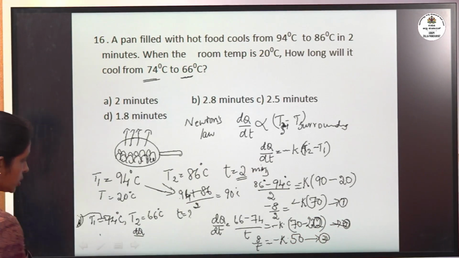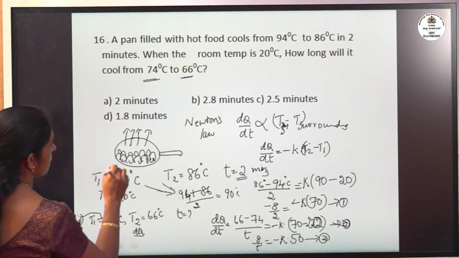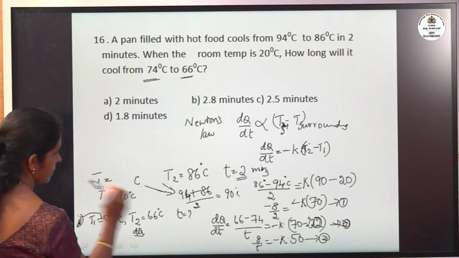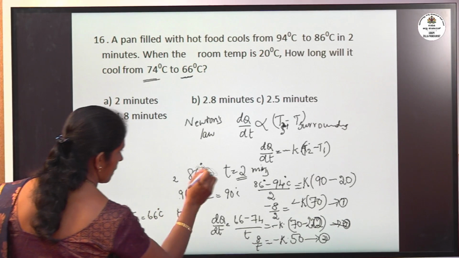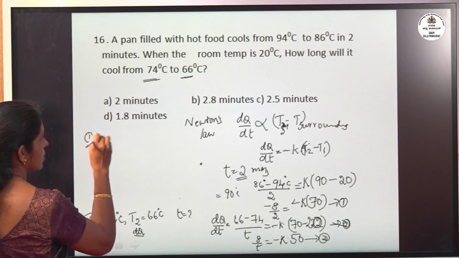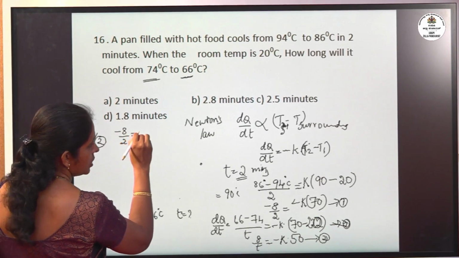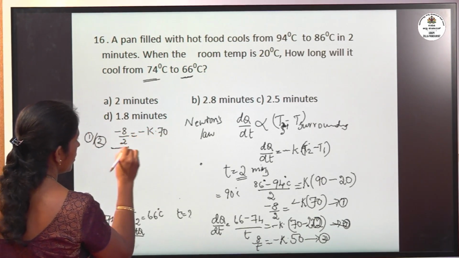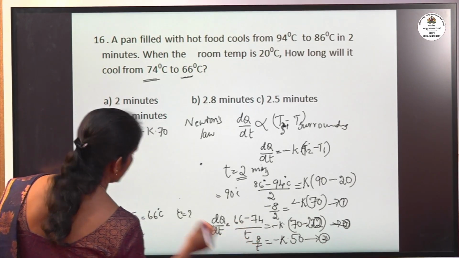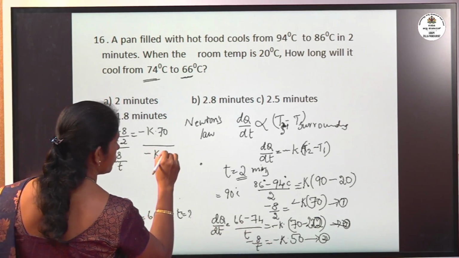Equation 1 divided by equation 2 gives minus 8 by 2 is equal to minus K into 70, divided by minus 8 by T divided by minus K into 50.